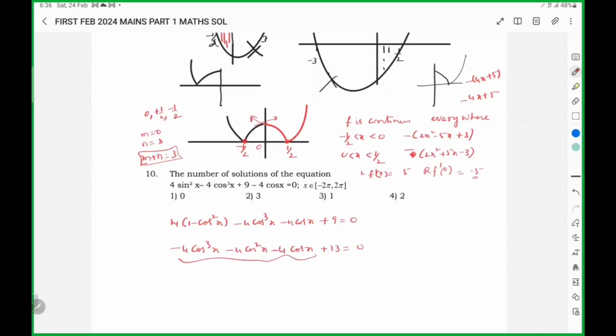Even if you take the maximum value of cos x, the minimum of cos x is minus 1, minus 4 into minus 1 becomes plus 4, is the maximum. So here this minimum will be 12. This can never be 0. So we write no solution.